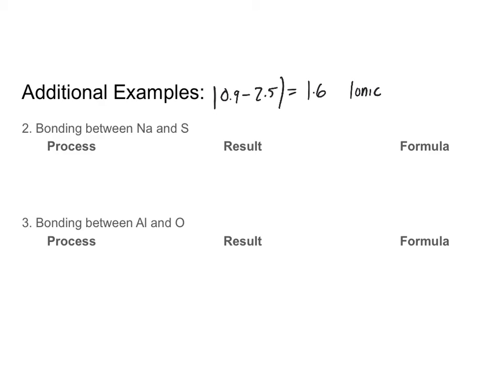So, sodium has 1 valence electron, and sulfur has 1, 2, 3, 4, 5, 6 valence electrons. So I'm going to draw the arrow of transferring 1 electron to sodium.